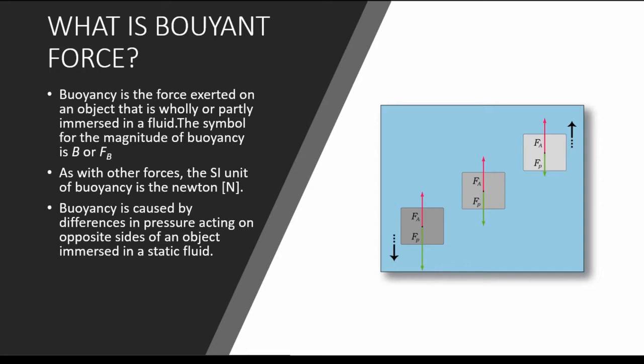Buoyancy is caused by the difference in pressure acting on opposite sides of an object immersed in a static liquid. The buoyancy force is caused by the difference between the pressure at the top of the object and the pressure at the bottom of the object.